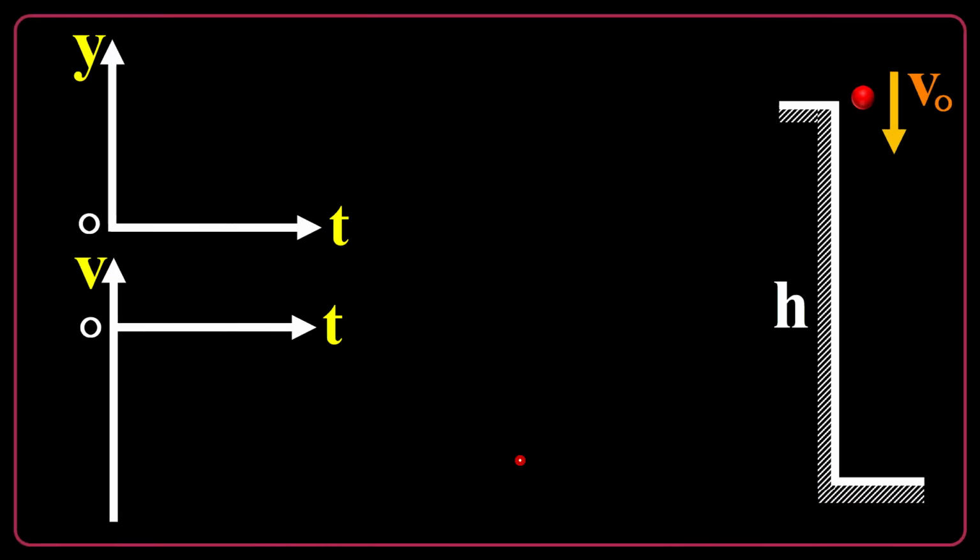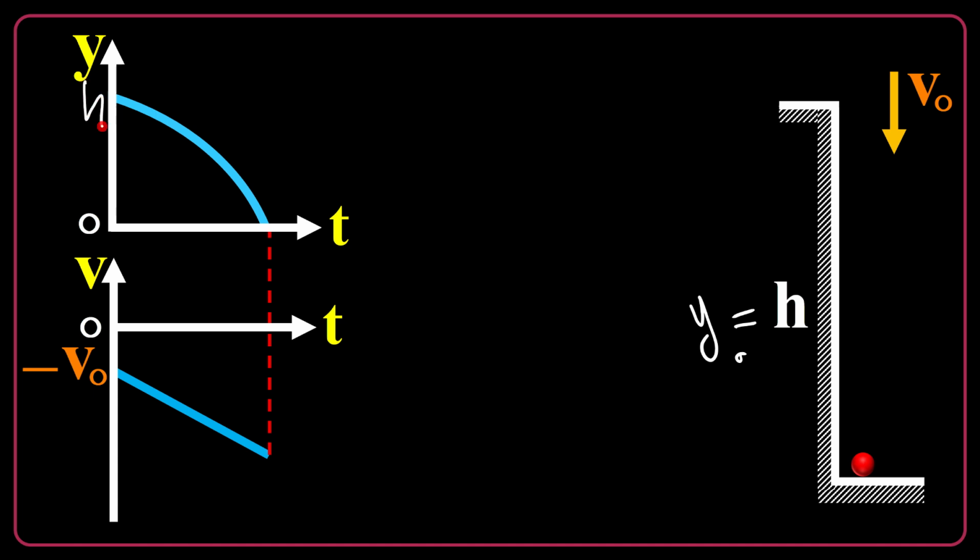Finally, I may have the case in which I threw the object downward, but from top of a cliff. I have y naught to be h, so the graph starts from y naught, h here, but the initial velocity is negative, so at the beginning the y-t graph will have a negative slope. As if you draw the tangent line, it will have negative slope.